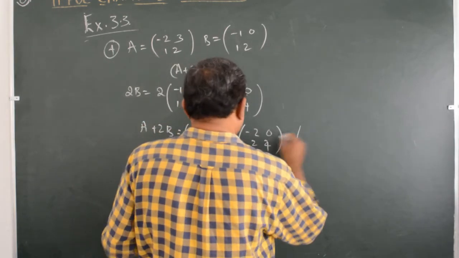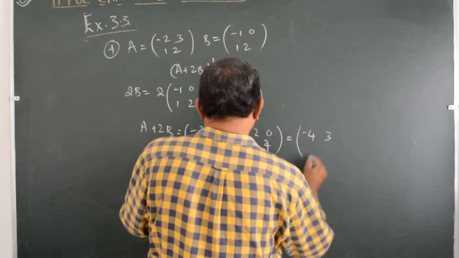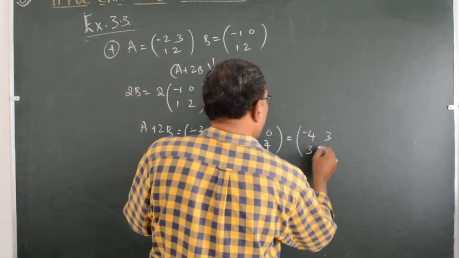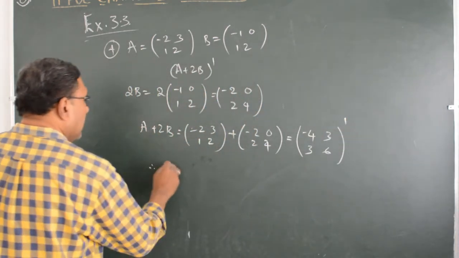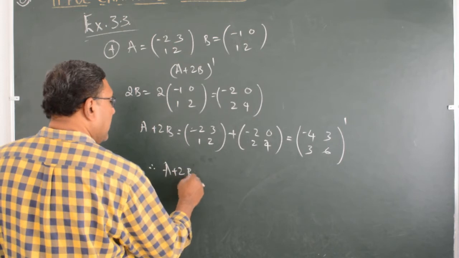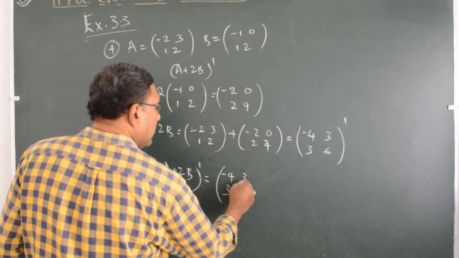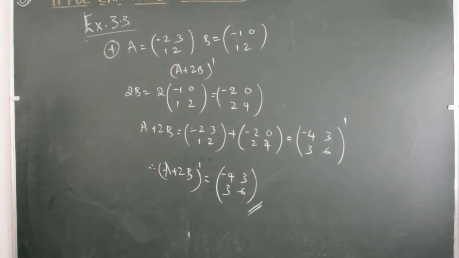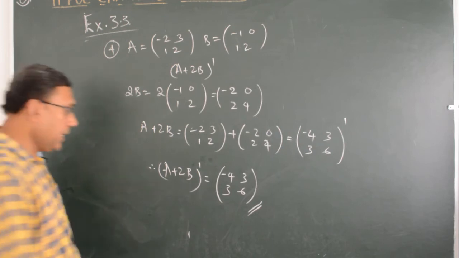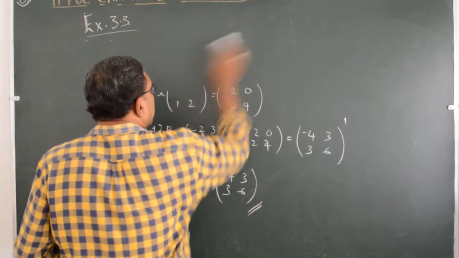It is minus 2 plus of minus 2 is minus 4, 3, 1 plus 2 is 3, 2 plus 4 is 6. Take a transpose. Therefore, A plus 2B, its transpose will be minus 4, 3, 3, 6. This is the answer for the question number 4, right? We will go to the question number 5 and we will see what it is given.